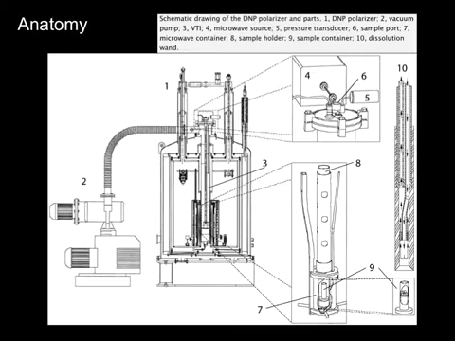So when the system is cooled down, it will be filled mostly with liquid helium, and it will also be depressurized by this vacuum pump that sits outside the system, right next to it. So this number 2 here is this vacuum pump that depressurizes the VTI.